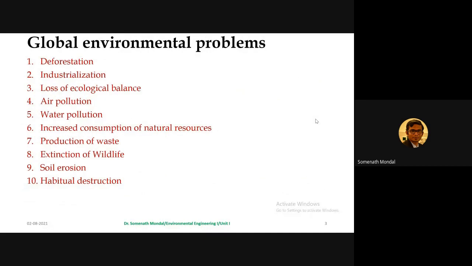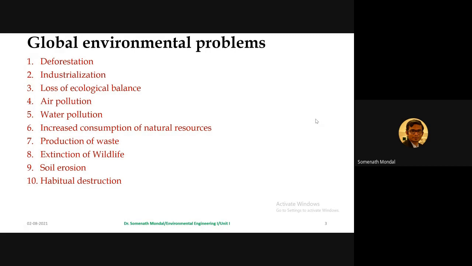So, we should be discussing the global environmental problems. From there, we will be able to understand that some of these global environmental problems are being faced these days because of the ignorance of the past generation of engineers and practitioners.